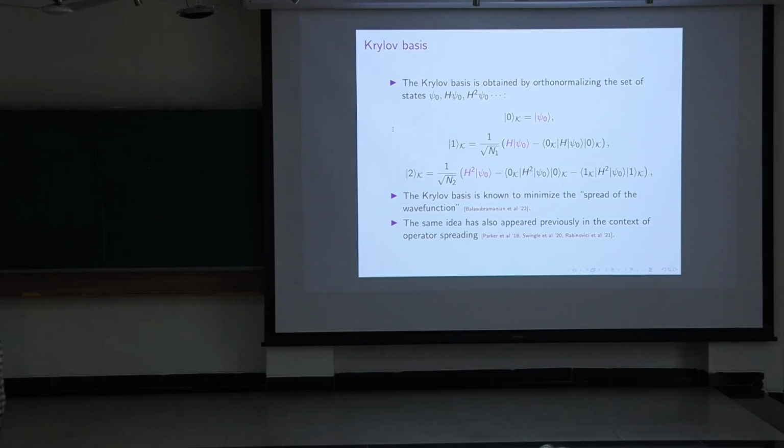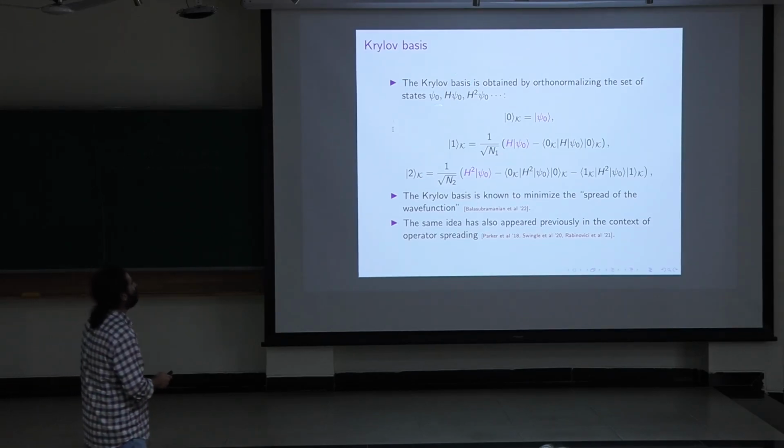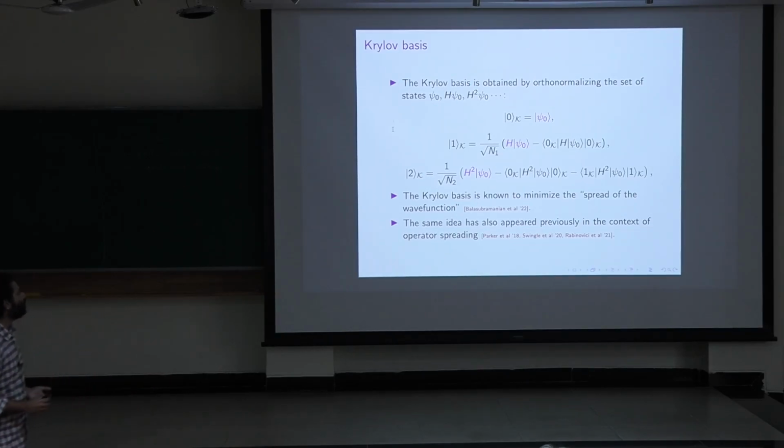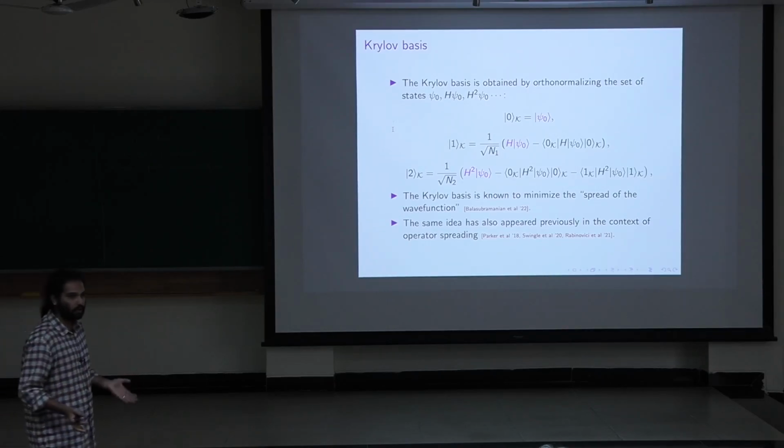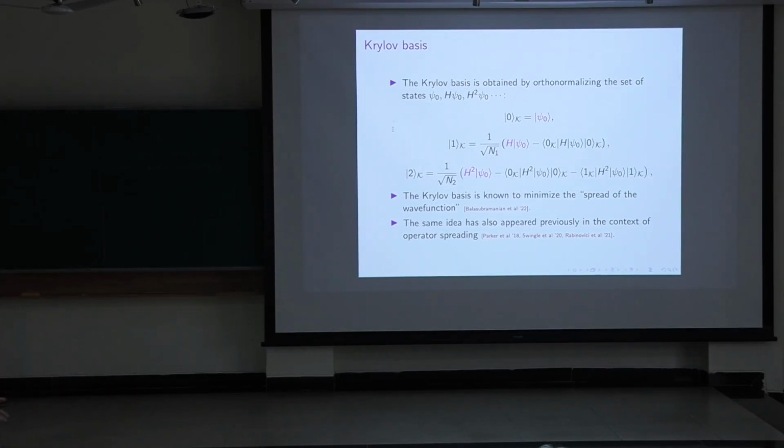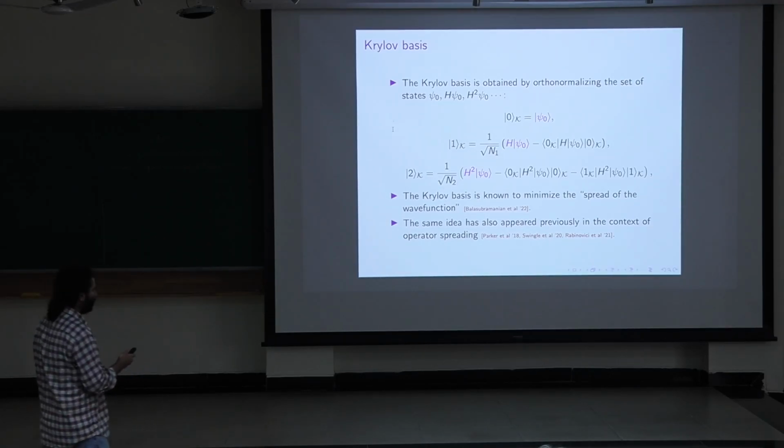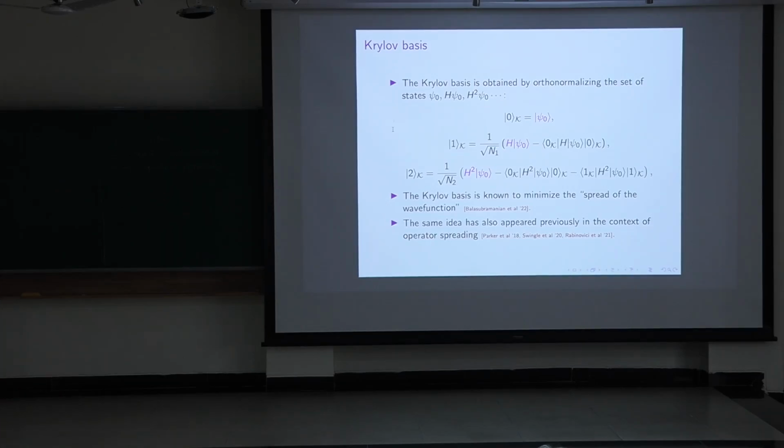You would just get one vector. But if you imagine that H is a sufficiently chaotic Hamiltonian and psi naught is a sufficiently generic vector without any symmetries and so on, then indeed it's not hard to convince yourself that this will form a basis for the Hilbert space. Okay, so that is called the Krylov basis.